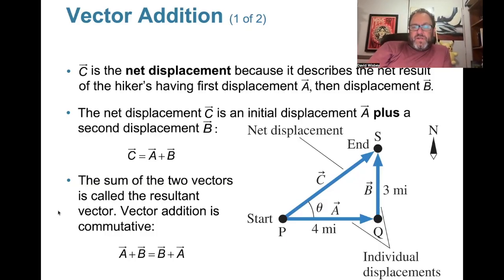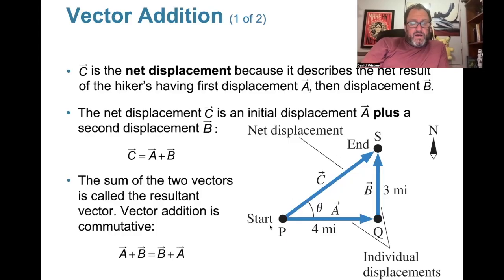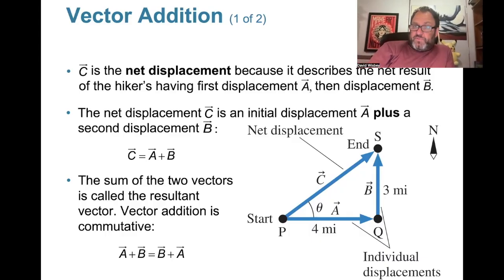For example, here we go east 4 miles, and then we went north 3, so C is the distance between those two. Okay, and it doesn't matter if you do A plus B or B plus A. It's called commutative, which means that it doesn't matter which thing you do first.